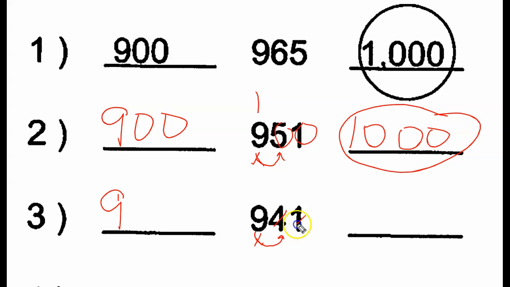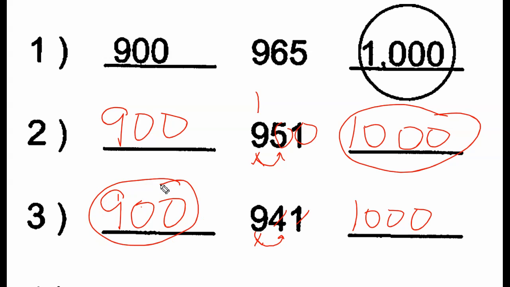Okay, and replace the other 2 numbers with zeros. So 941 is between 900 and 1,000. But 941, did we round up or down? Down. So I need to circle 900. Okay.